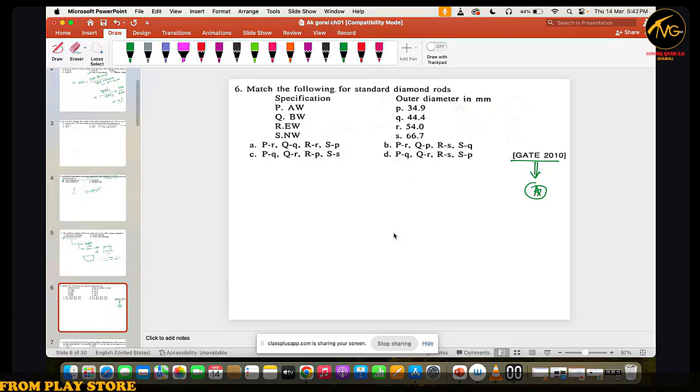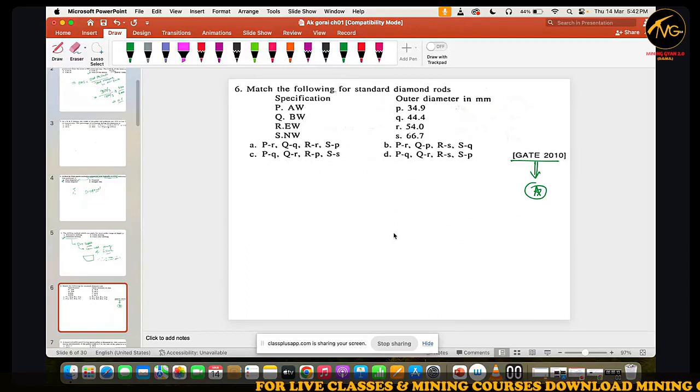I have discussed in the slide also that diamond drilling has more depth than any other method. Please comment. Answer of 6. GATE 2010, this question has been asked. Should I discuss?